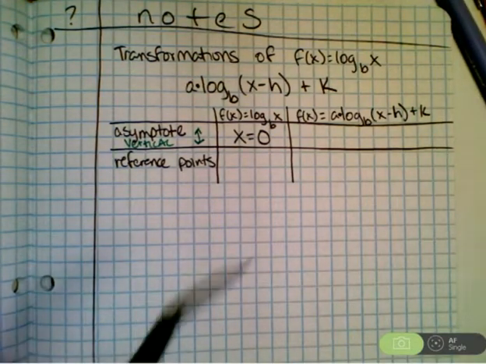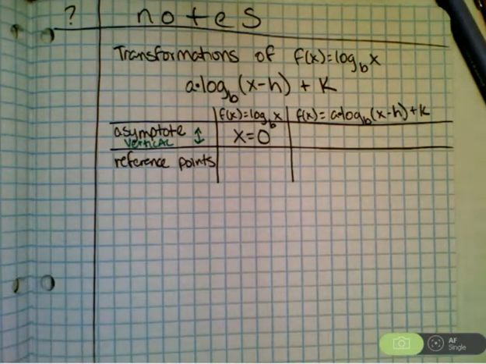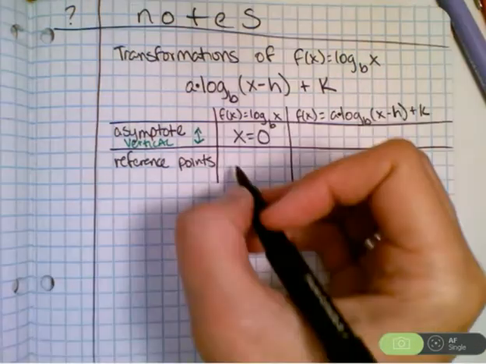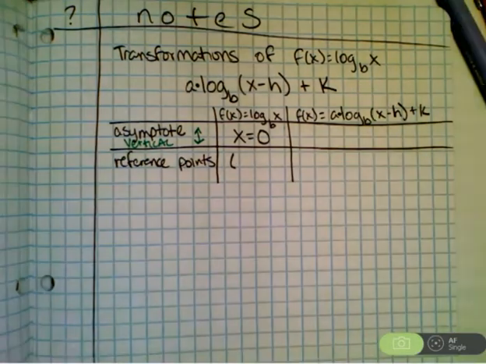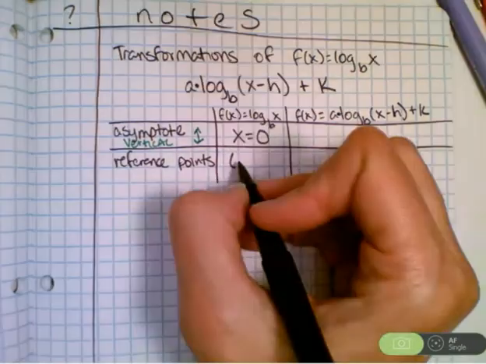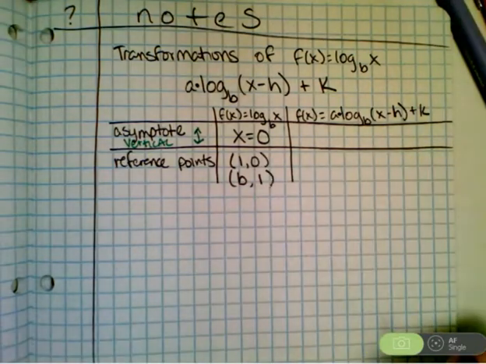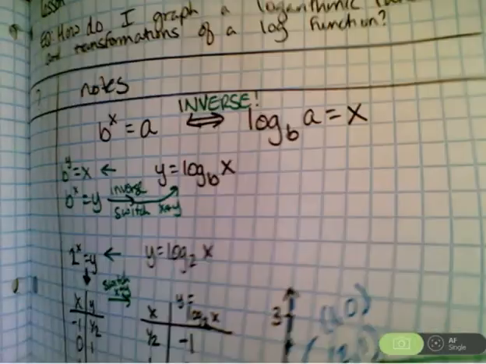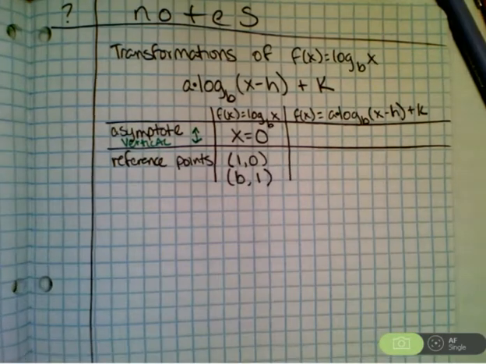So it's at x equals 0, and then the reference point is at, where was the first one? 1, 0. 1, 0 is always the first one, and b, 1 is always the second one. So as we start doing transformations, those are the 2 points that are going to move around.